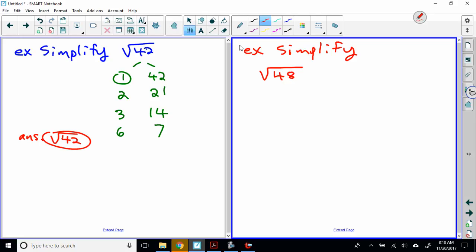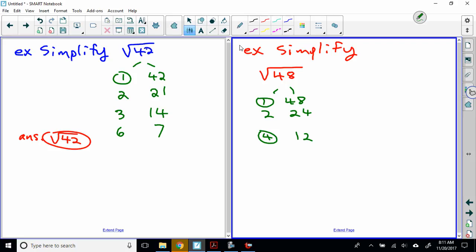So we've got to break down 48 into its factors. 1 and 48. 2 and 24. Let's see. So 1's a perfect square. 2 isn't. 4 goes into it 12 times, and 4 is a perfect square. So maybe I should use those. Should I use 4 and 12, do you think?